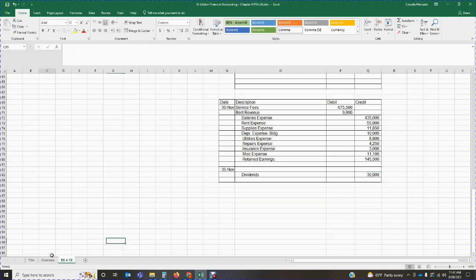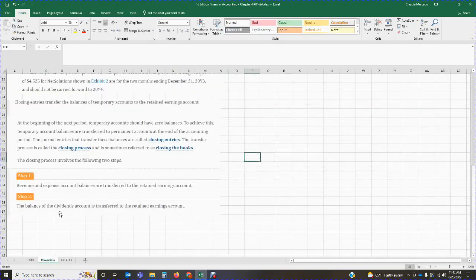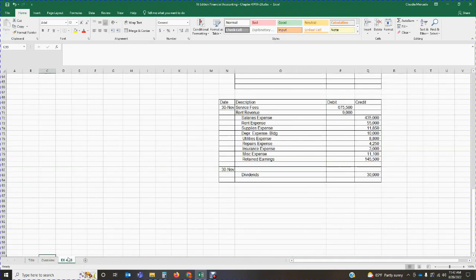If you look back at the steps, the balance of the dividends account is transferred to retained earnings. So if dividends is going to be credited, that means retained earnings is going to be debited those $30,000. Retained earnings gets debited, dividends get credited.